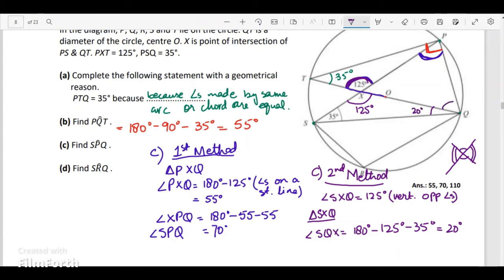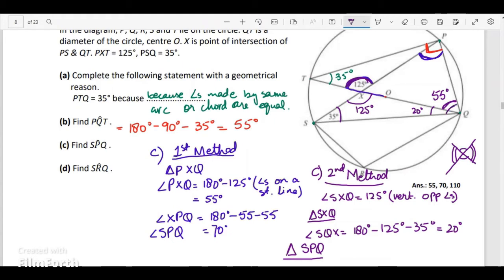And in the earlier part, that is in B part, you already figured out that this bit is 55 degrees. Now if you look at triangle SPQ, this whole angle is 35 degrees.